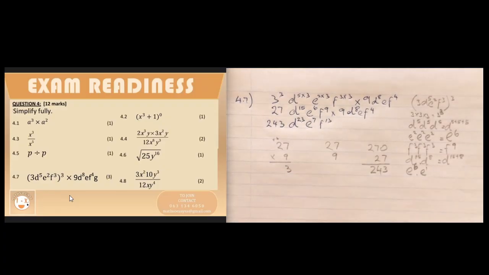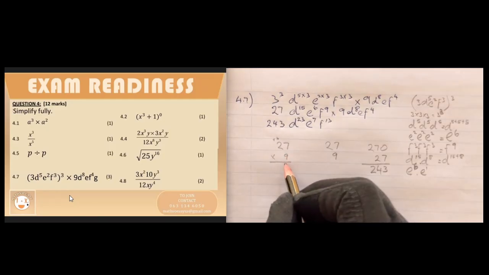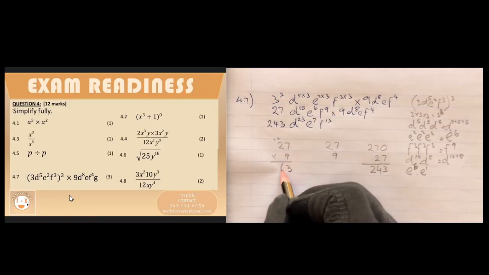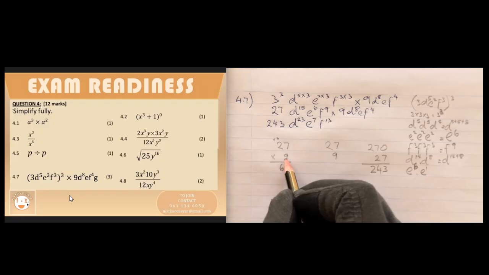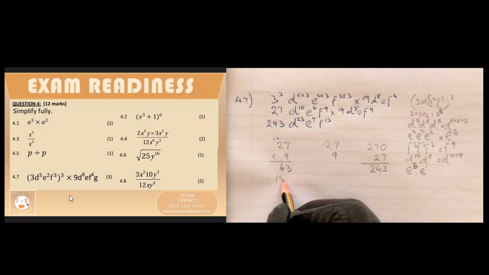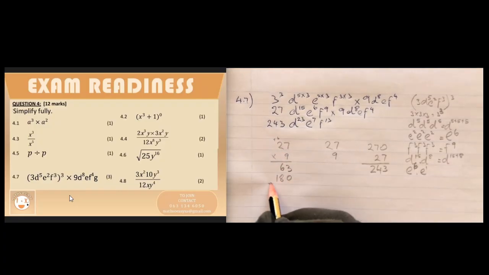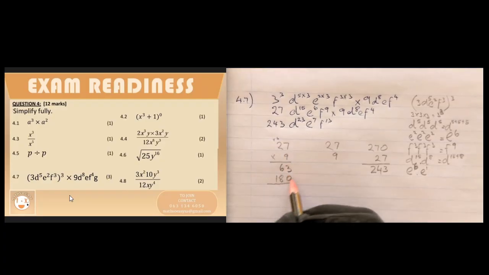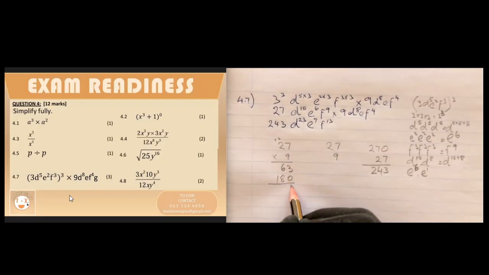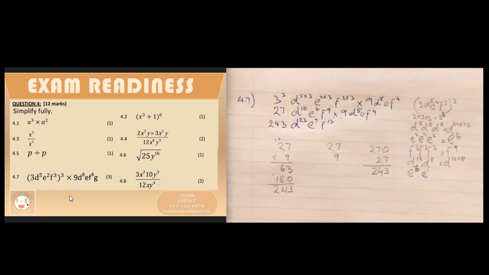How is it going to help me now? Okay, let's do this. 9 times 7 is a 63. Then 9 times 2 is an 18. You remember, place value. That 2 is a 20. Then I have a 3. Then I have a 4. Carry 1. Then I have what? 243. You see, math so easy like that.